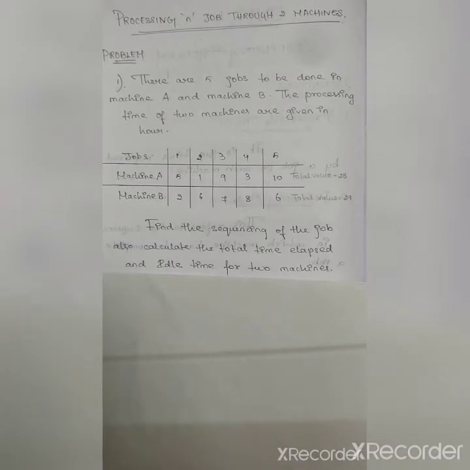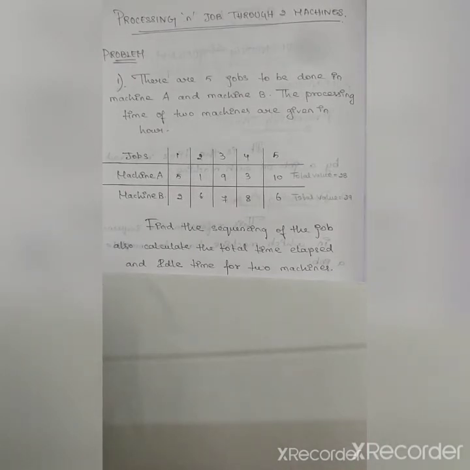For machine A the processing times are given, and similarly the processing times for machine B are also given. The question is to find the sequencing of the jobs and also calculate the total elapsed time and idle time for the 2 machines.